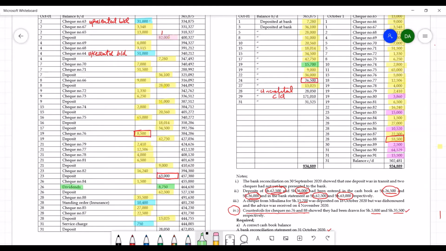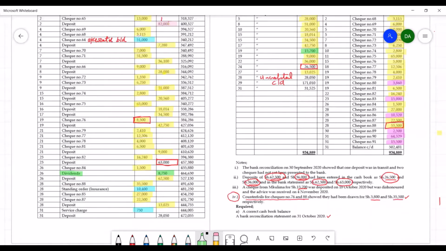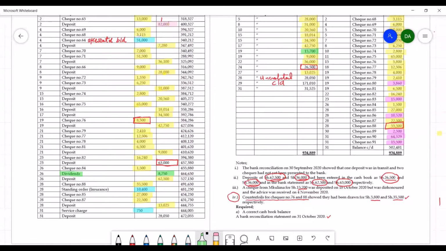And dividends are received directly into the bank and not through the cash book. That therefore means that they have not been recorded in the cash book, but have already been recorded in the bank. Now, to make adjustments in the cash book, we must record such an amount in the cash book and update it appropriately.